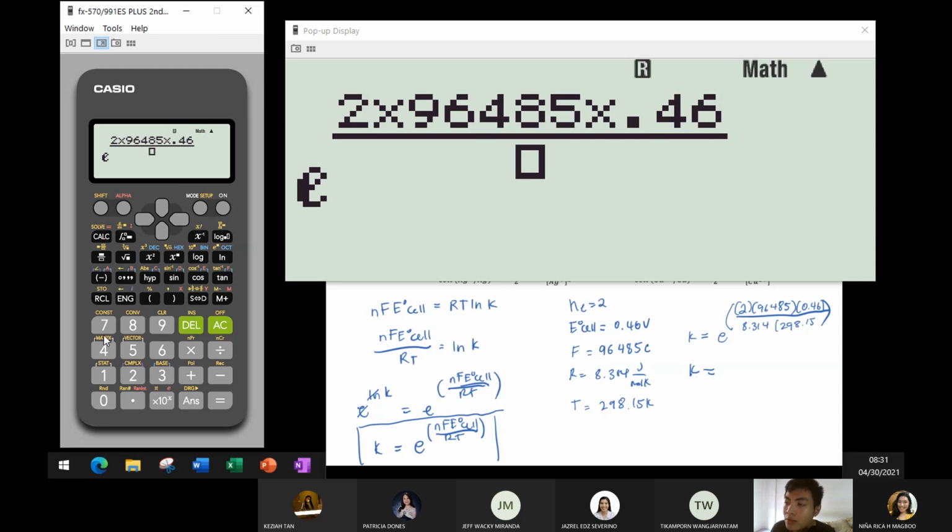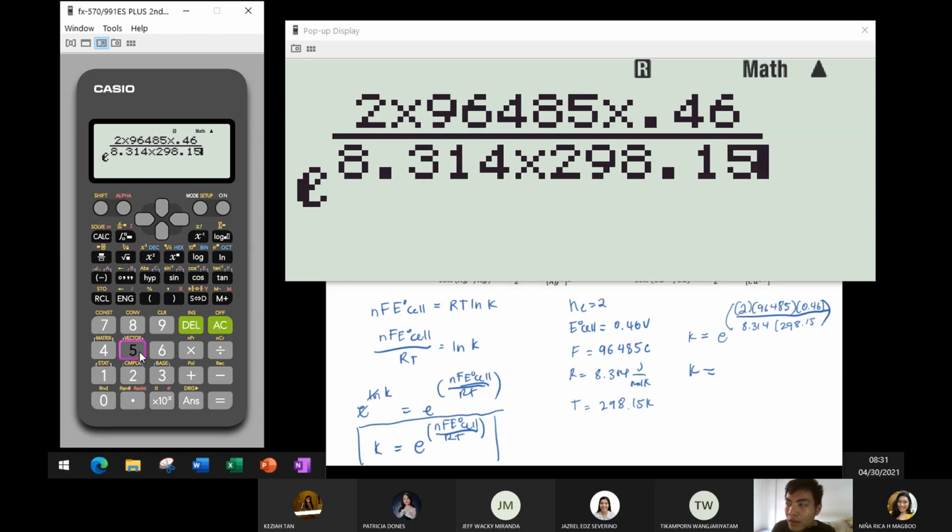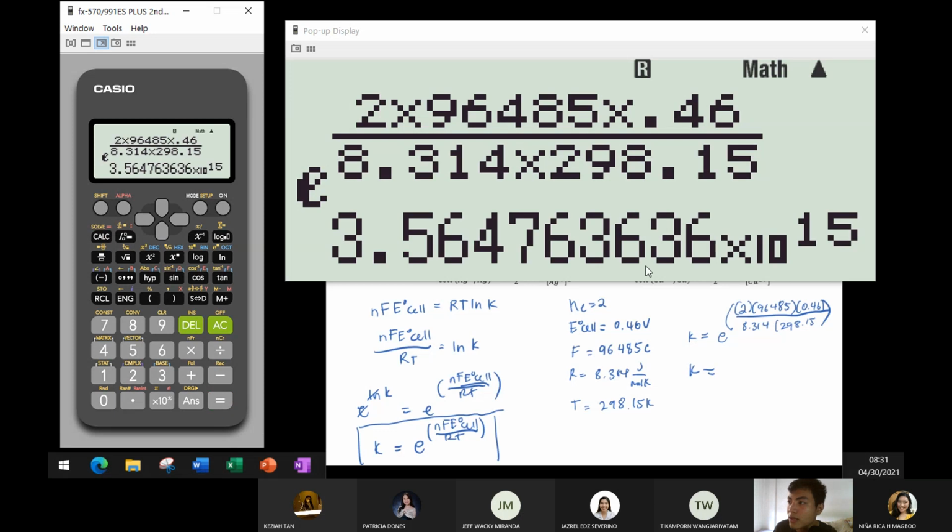And on the denominator, we have 8.314 times 298.15. Okay, so this is nFE over RT. When you press equal sign, this is our answer.